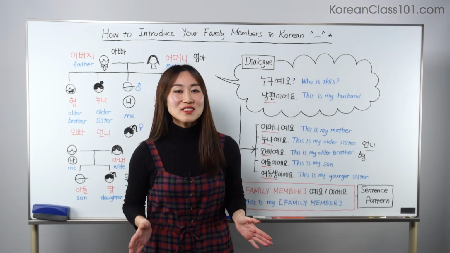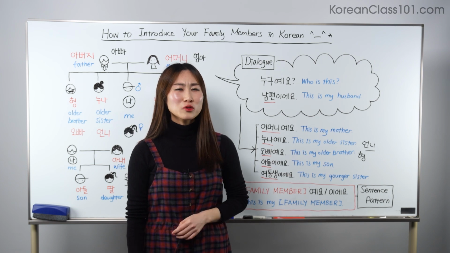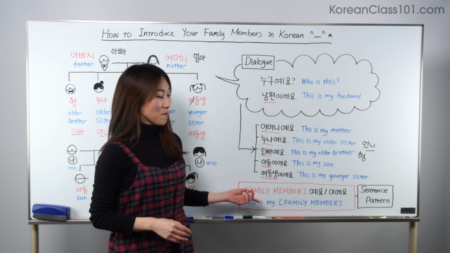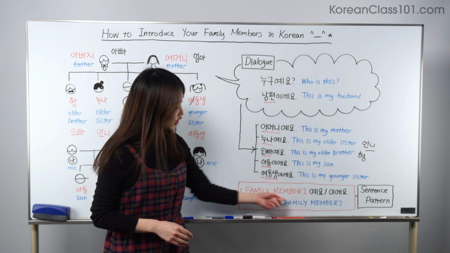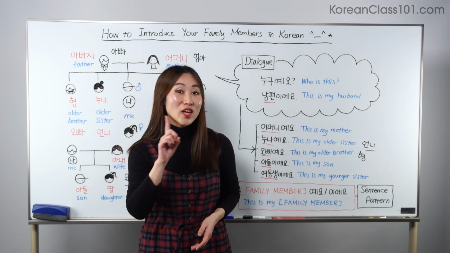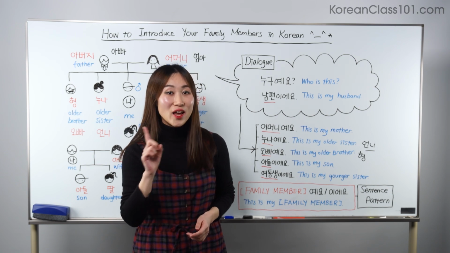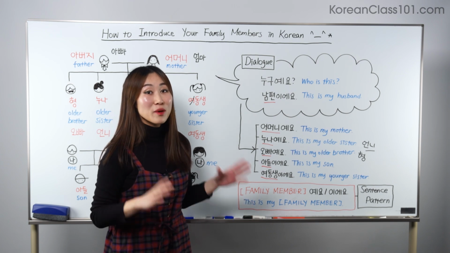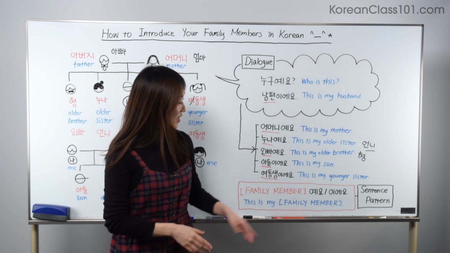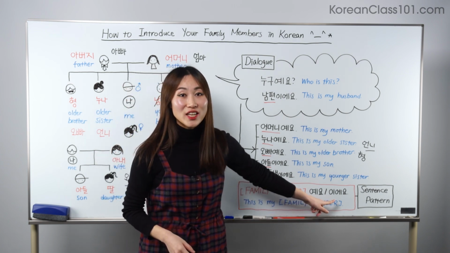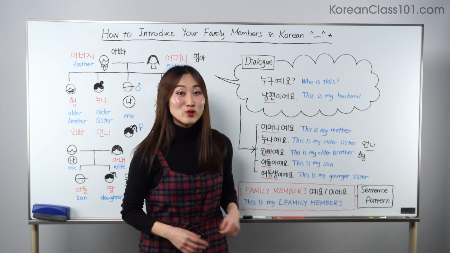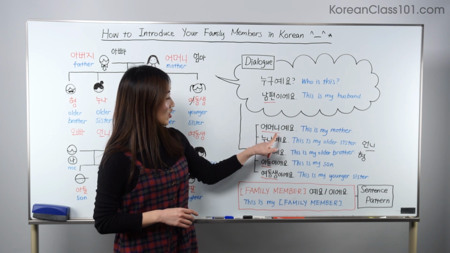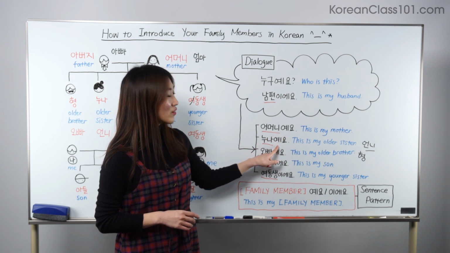So if you look at these examples, you will probably notice a pattern here. You say a family member word and then say 예요 or 이에요. Do you remember when you use 예요? 어머니예요, 누나예요.